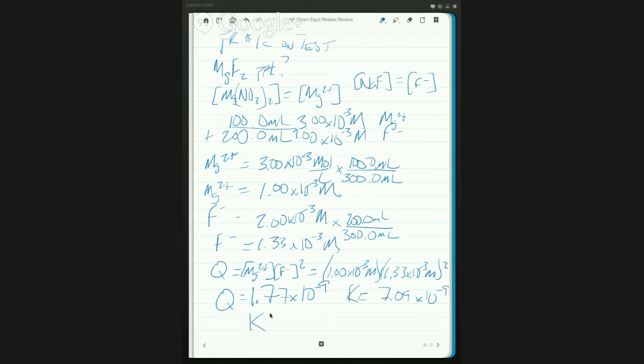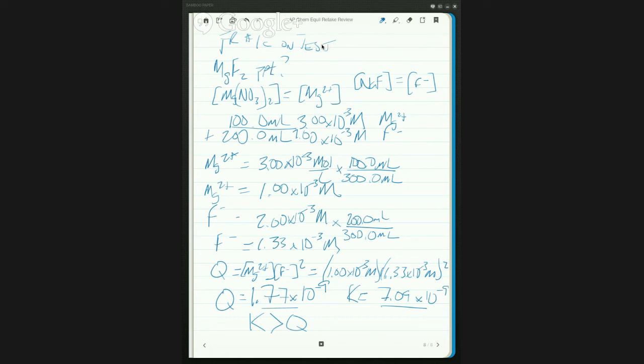So K is larger than Q, right? K is larger than Q. If you remember, the trick is you write the K first, you write the Q second, and whichever way the alligator points is the direction that's favored, okay?